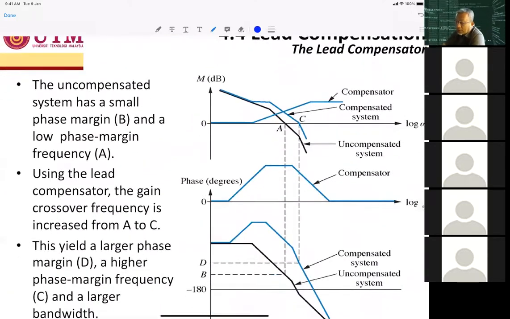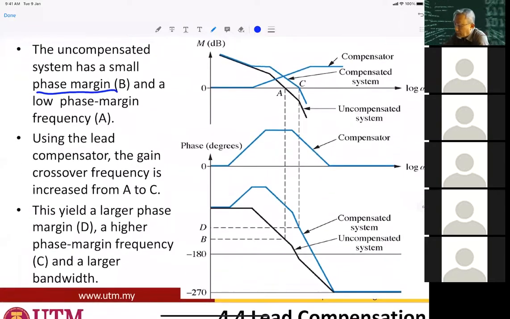So the uncompensated system has a small phase margin, which is B, and a low phase margin frequency, which is A. Using the lead compensator, the gain crossover frequency is increased from A to C. So this yields a larger phase margin D, a higher phase margin frequency C, and a larger bandwidth, which is BW.